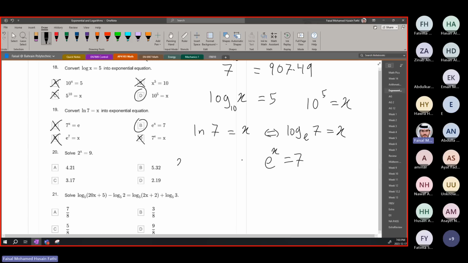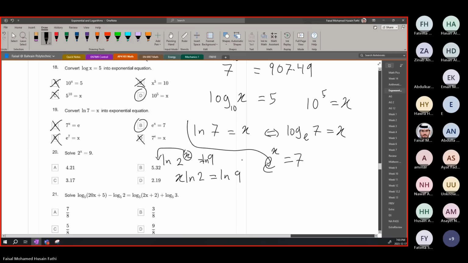Solve 2 to the power of x is equal to 9. You could put it in a calculator, but how will you put it in a calculator? You have to first do ln on both sides. Once you do ln on both sides, you can take the x outside. So x ln 2 is going to be equal to ln 9.